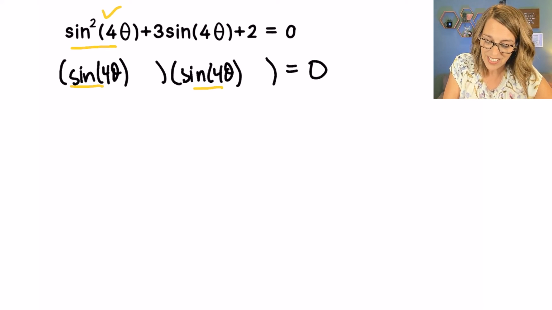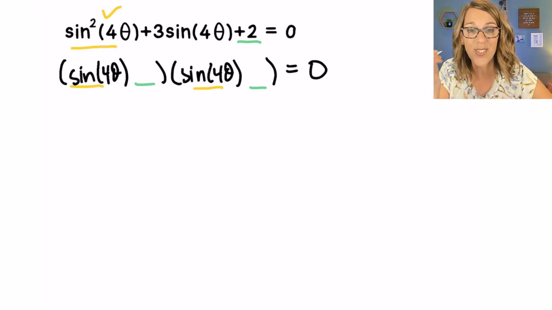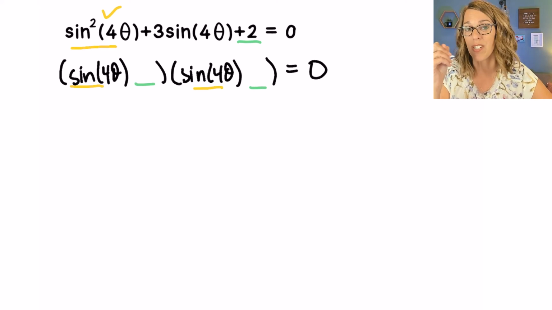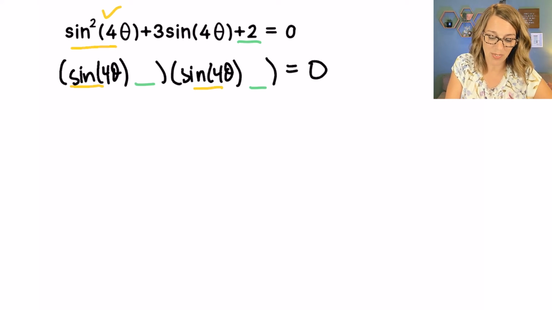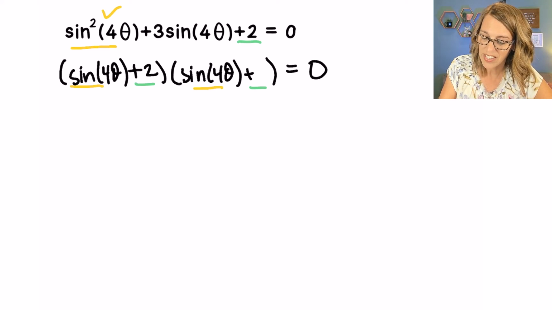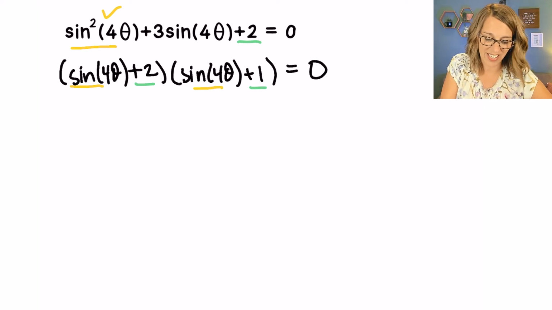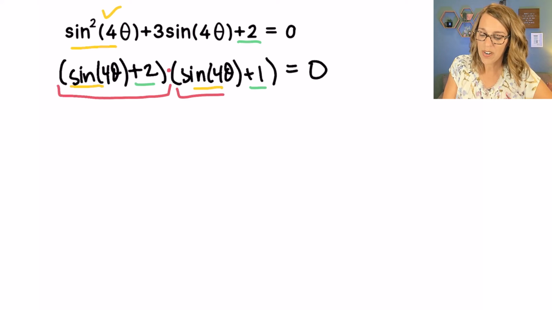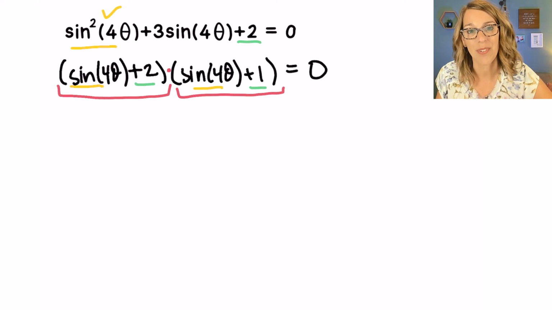In my last 2 positions, I need those to multiply to be that 2. Well, the only way to multiply to be a 2 is 2 times 1. It doesn't matter where I put it in this particular example, so I'm going to put that plus 2 first and that plus 1 second. Now this is a product, so I can have either the first factor or the second factor equal to 0.